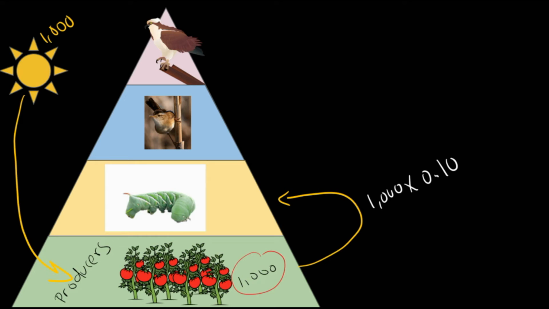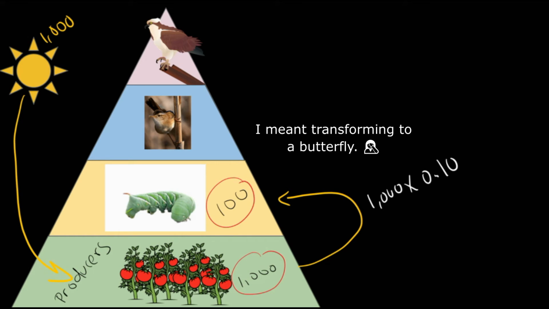If I multiply 1,000 by 0.10, the answer will be 100 units of energy. So now our caterpillar received 100 units of energy, which he's going to be using for other activities, such as growing, transforming, all those things that a caterpillar does.